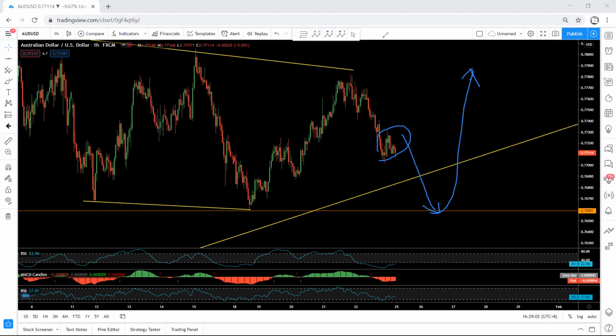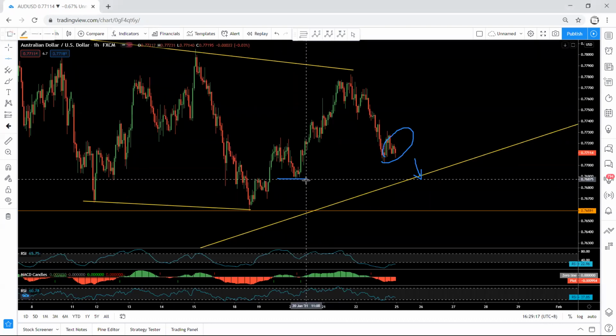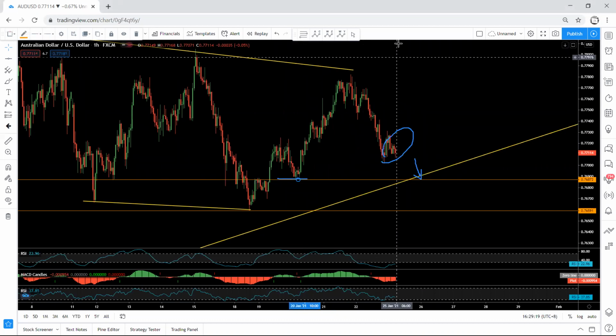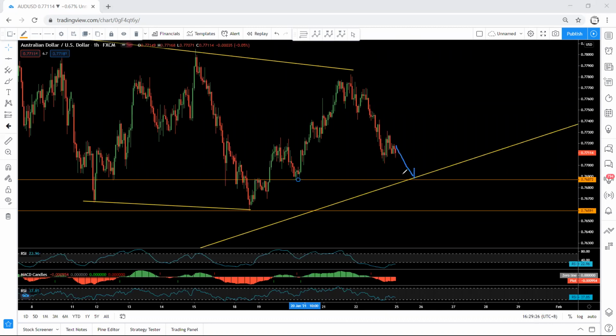But if we get any sell from this correction when the market opens, when the price comes to this low, or at least when the price takes this trend line, we start to manage it. If I remove everything, this trend line and this line are close to each other, so we start to manage our trade.